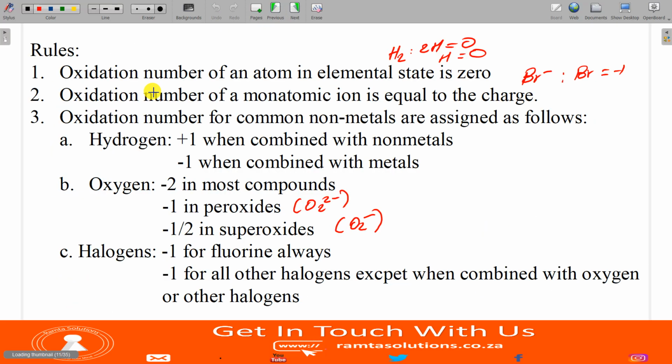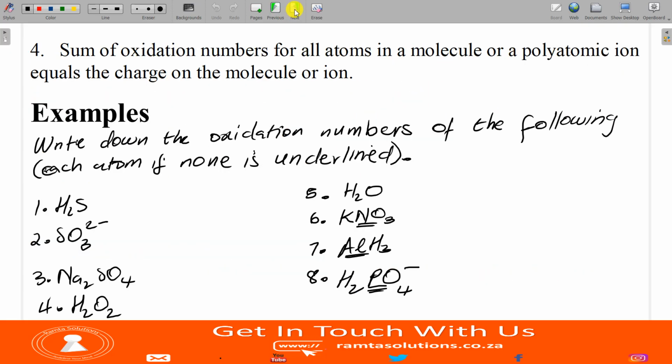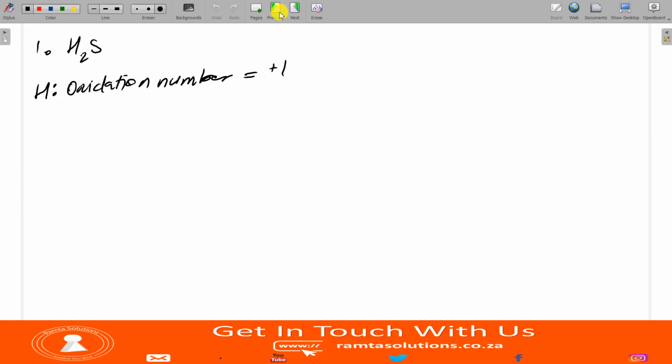This is the rule, guys, so we don't waste our time. Remember, hydrogen, when combined with non-metals, is +1.